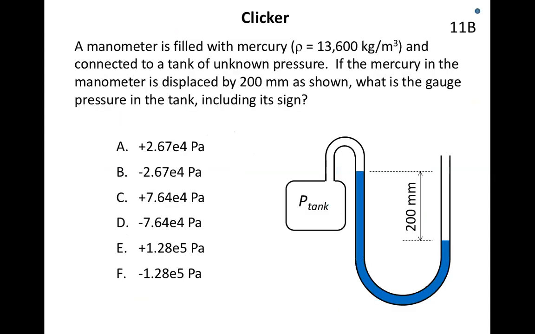Okay, so now we go on to a tank problem, and to do this, we'll hop back to our screen.